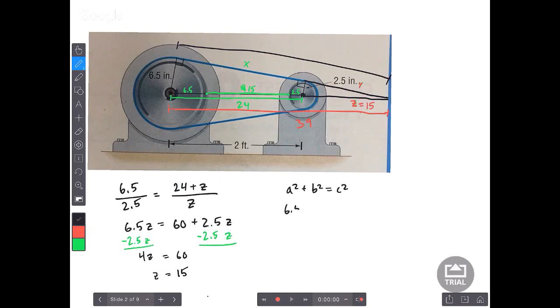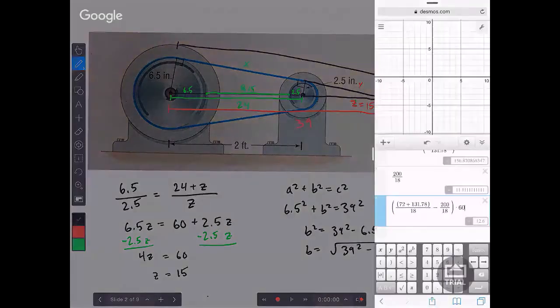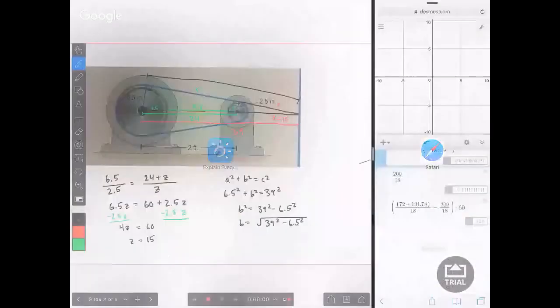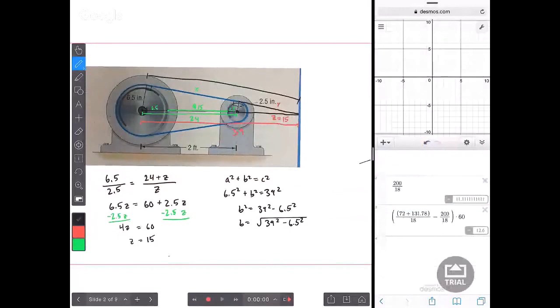So 6.5 squared plus b squared equals 39 squared. And b squared equals 39 squared minus 6.5 squared. And b equals the square root of 39 squared minus 6.5 squared. And I'll stop doing math in my head because apparently I'm not very good at it, as you guys have now realized. So I'll go ahead and plug that in.